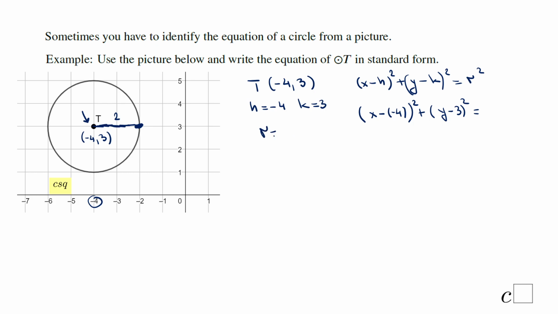So see if you can get that radius from your picture. So we have here 2 squared. One more step here is to simplify. X minus negative 4 becomes x plus 4, squared, plus (y minus 3) squared equals 4. That's it for this problem.